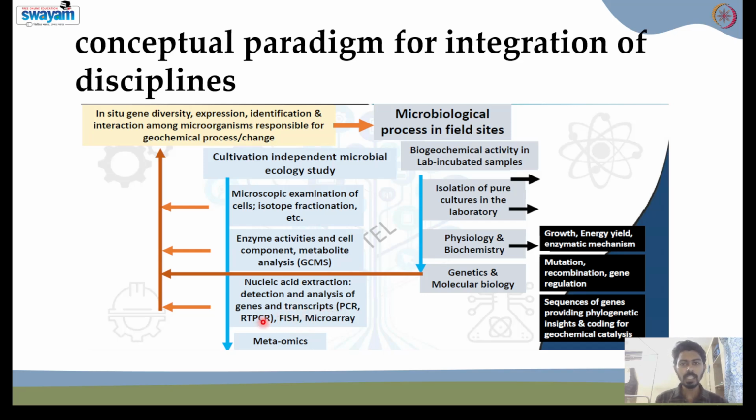So these are all the different disciplines that need to work together in order to study this microbial ecology. So we need biochemistry, molecular biology, genetics, and recombinant DNA technologies in order to study microbial ecology in a community.